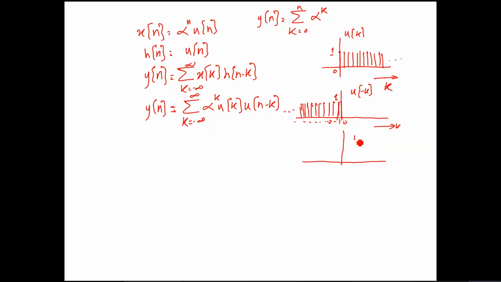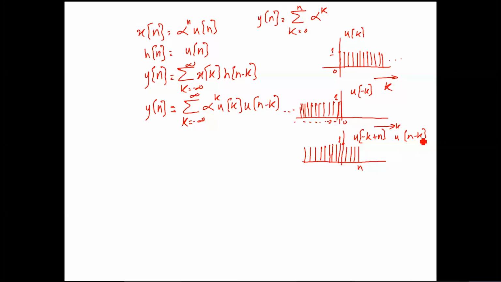So u of minus k plus n would be this whole thing shifted not left but right by n units. So this is your 1. This will be your u of minus k plus n, or we can call it u of n minus k, whichever way you want to write it. Typically we also write it as u of minus k minus 1 within brackets. We can write it like that also.